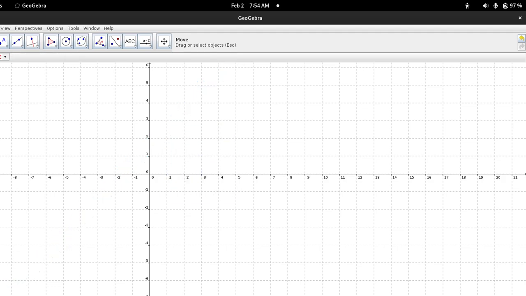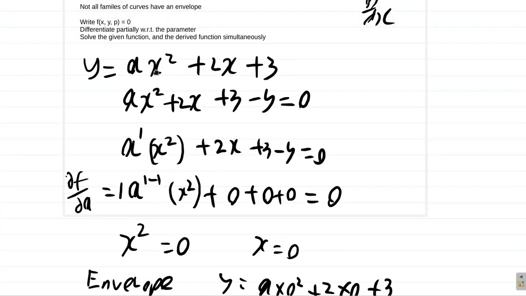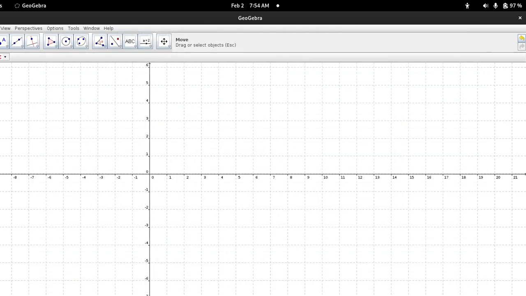So what did we have again? y equals ax squared plus 2x plus 3. So our first graph, y equals 1x to the power of 2 plus 2x plus 3. Let me just copy, Control C, so that I can paste it later on.